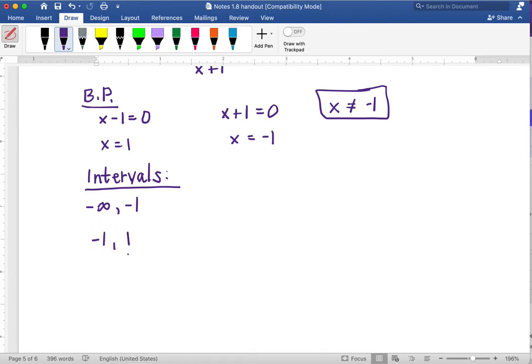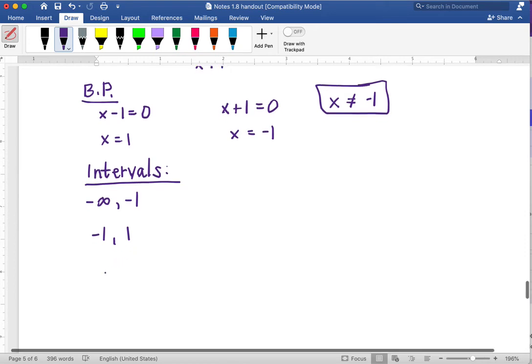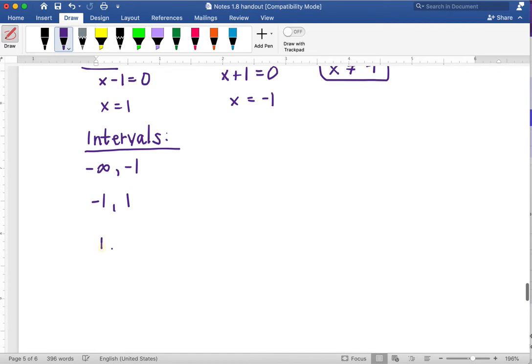I'm not doing my parentheses or brackets yet because I don't want to think about 10 things at one time. My third interval is 1 to infinity. So I like to write down what the intervals are first, and then I like to figure out if I need parentheses or brackets. Then I don't make a mistake.